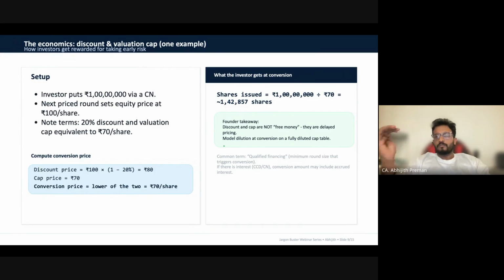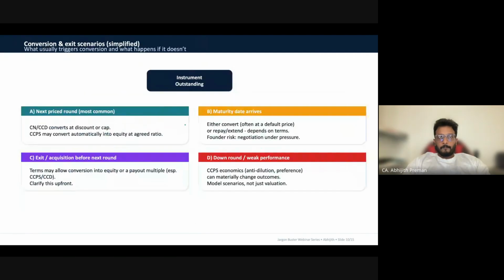If you negotiate the valuation cap down to, say, 30 rupees, then the investor is going to get a huge number of shares, which means the majority of the company is gone. Those are things you need to keep in mind. You need to create a cap table before finalizing the terms, and understand how much you are going to give.